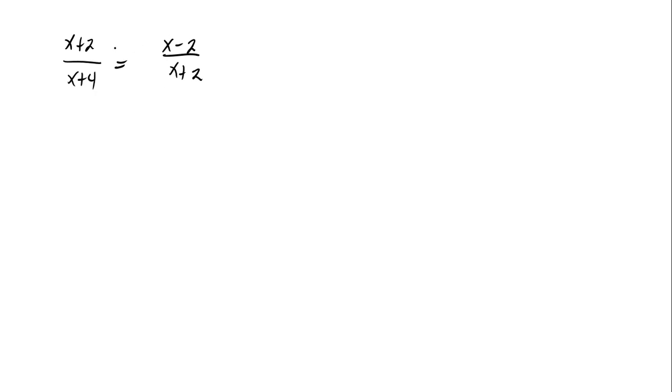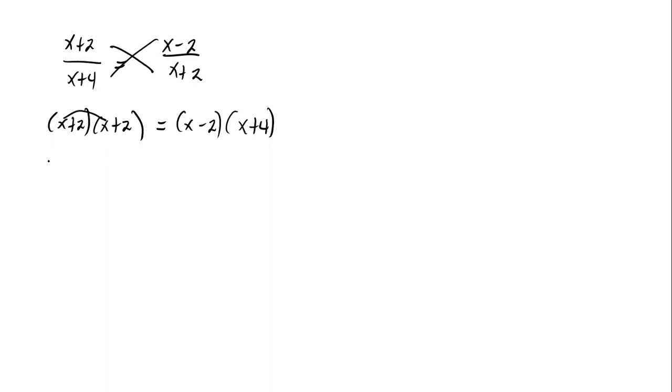So ibig sabihin, we can cross multiply. Okay, so we have here x plus 2 and then x plus 2 is equal to x minus 2 times x plus 4. Okay, and then after that, since multiply na po ito, you can use the FOIL method. Okay, so FOIL method po tayo.